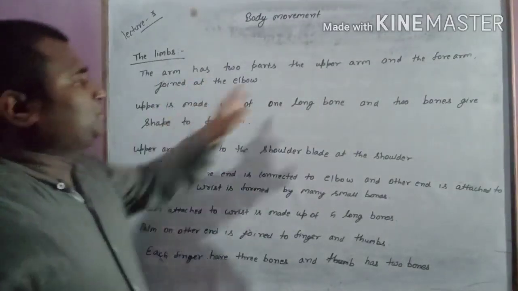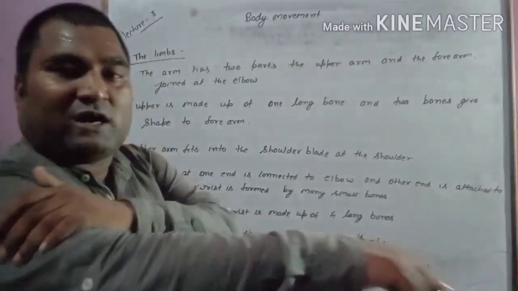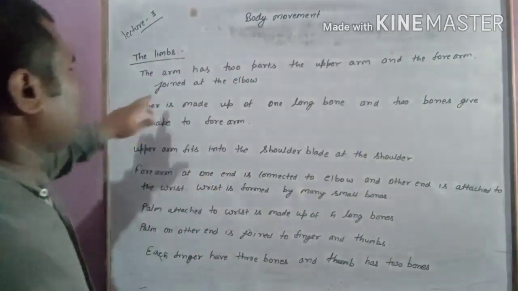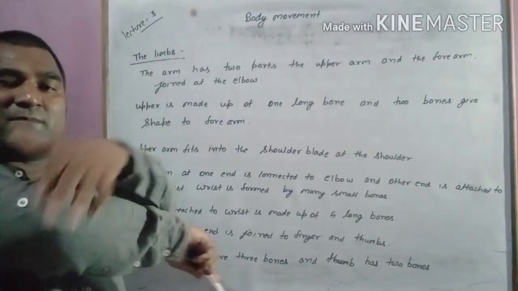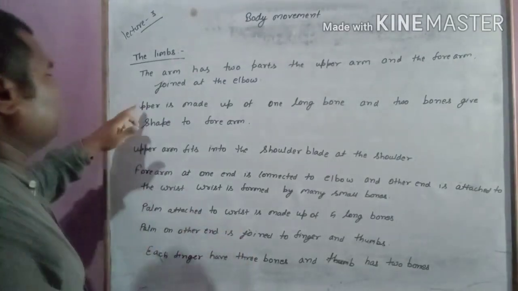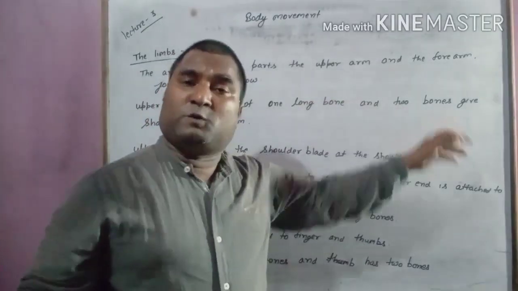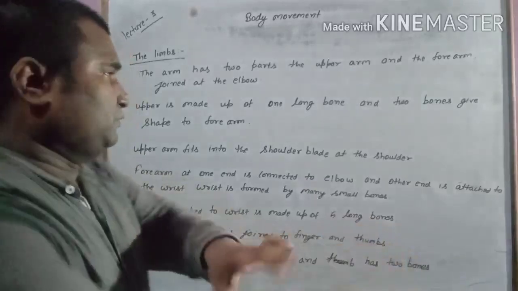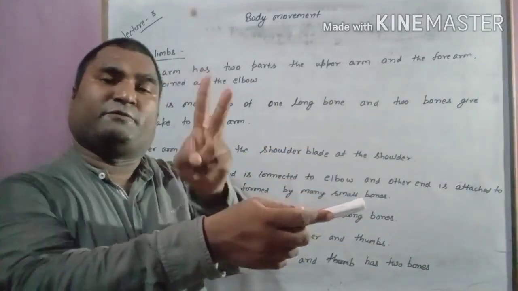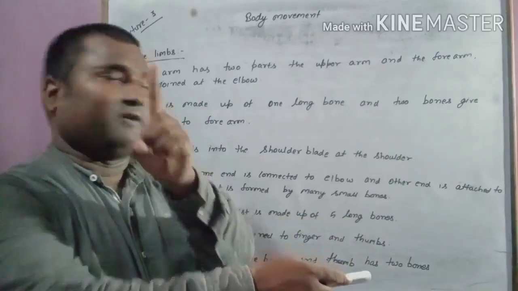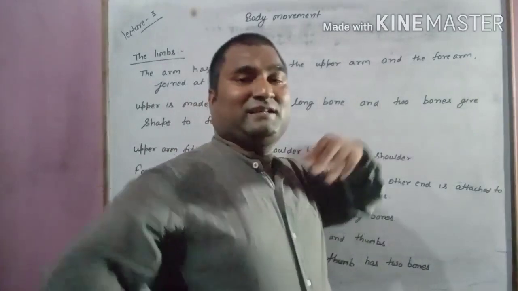The arm has 2 parts, the upper arm and the forearm, joined at the elbow. The upper arm is made up of 1 long bone, and 2 bones give shape to the forearm. The upper arm fits into the shoulder blade at the shoulder.